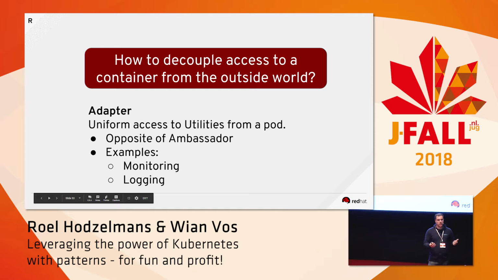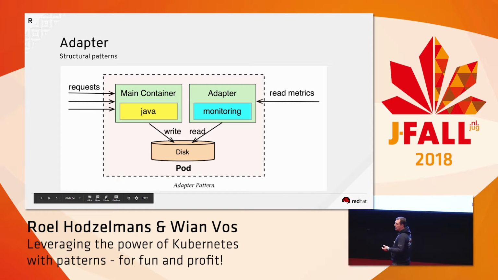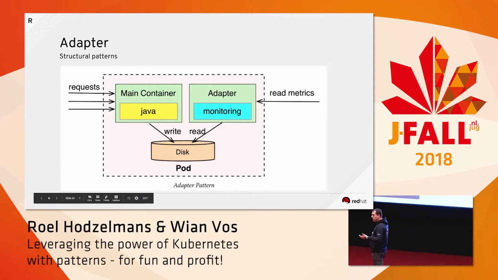So how do I decouple the container from the outside world? It's an adapter. Again, this is not rocket science. This is what we're doing in the case of monitoring and logging, for instance. So again, the simple example: we have a simple Java container where requests come in. It'll write stuff to the disk, for instance, logging. And then we say, okay, but we want access to this logging.